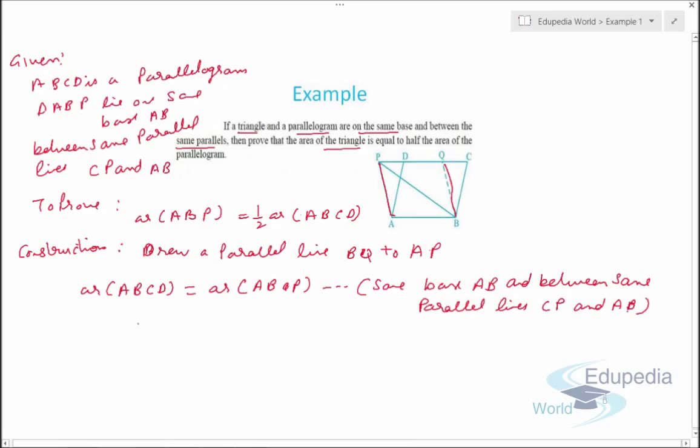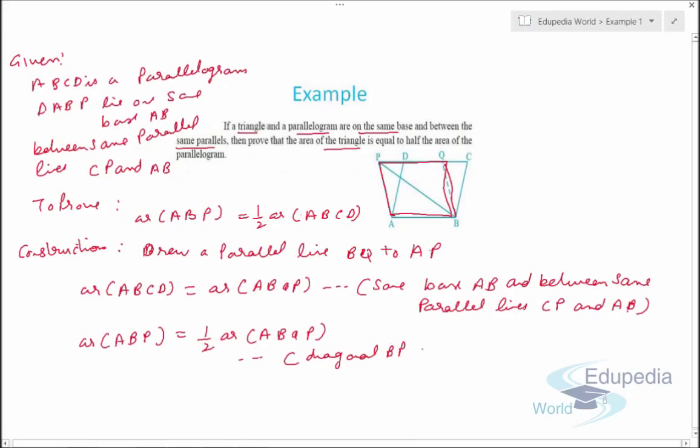Now this is a parallelogram ABQP and BP is a diagonal. As we all know, a diagonal divides a parallelogram into two congruent triangles, so we can say that area of ABP will be half the area of ABQP.